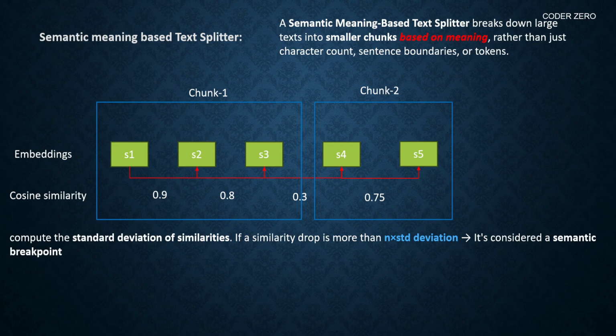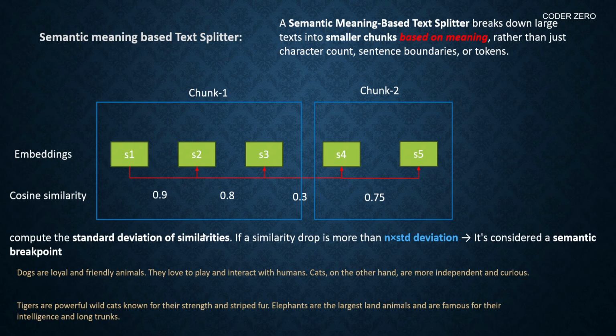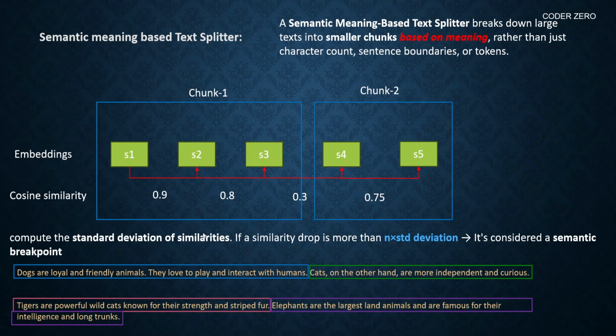If we take n equal to 1 and a cosine similarity is greater than 1 standard deviation, we create that point as the split point. That means we'll be splitting the document at that point, just like this, you can see. So this example of ours will have chunks like this.